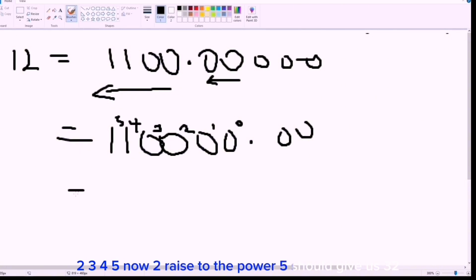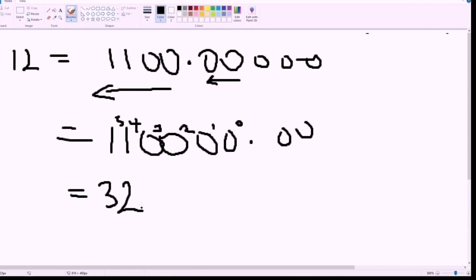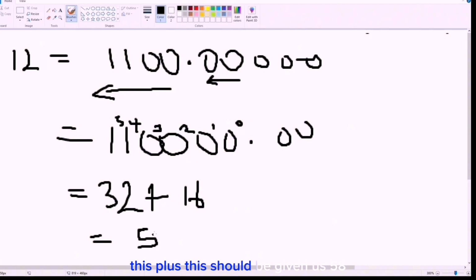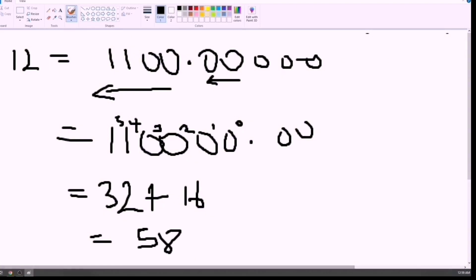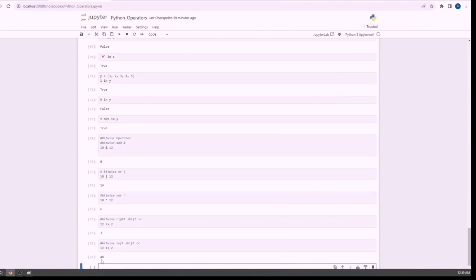Now 2 raised to the power 5 should give us 32, plus 2 raised to the power 4, which should give us 16. This plus this should give us 58.